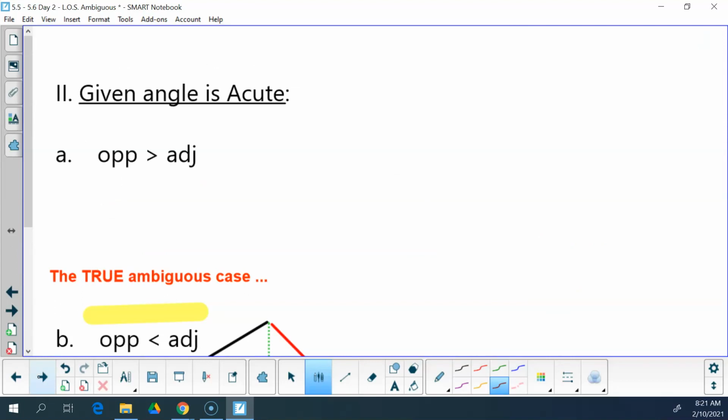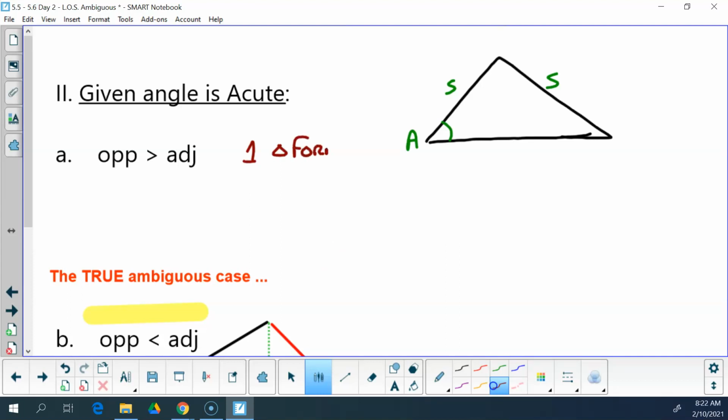If the given angle is acute, and the opposite side is longer than the adjacent side, we have only one triangle formed.